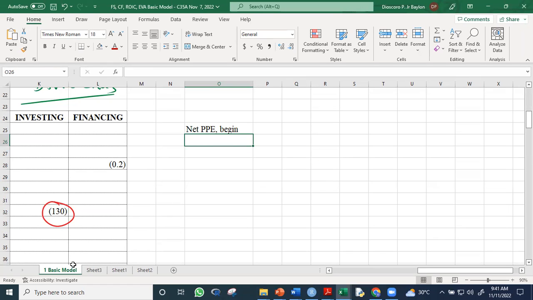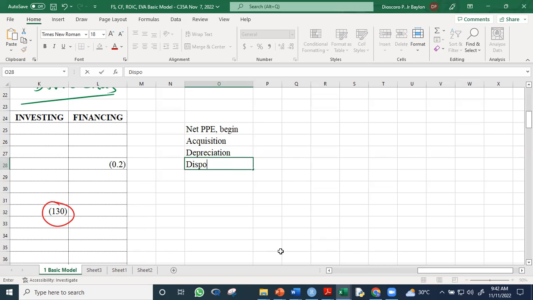So let's write it here. Net PPE, and then we add any acquisition. Then we subtract any depreciation first, and then disposal, to get your net PPE at the end.